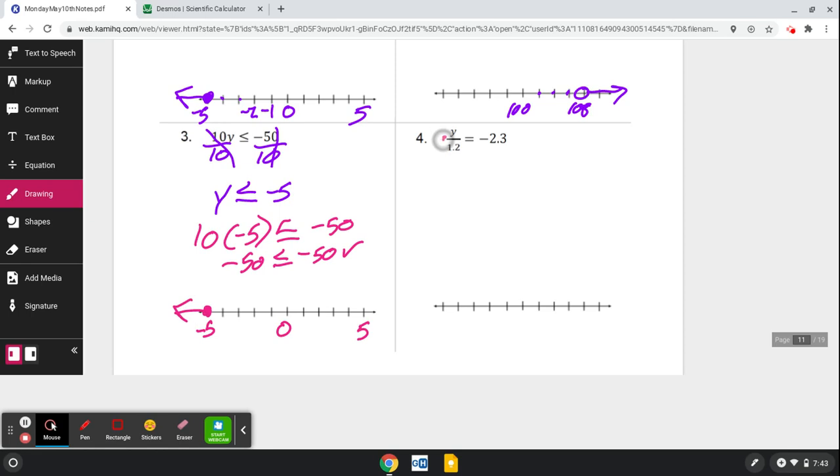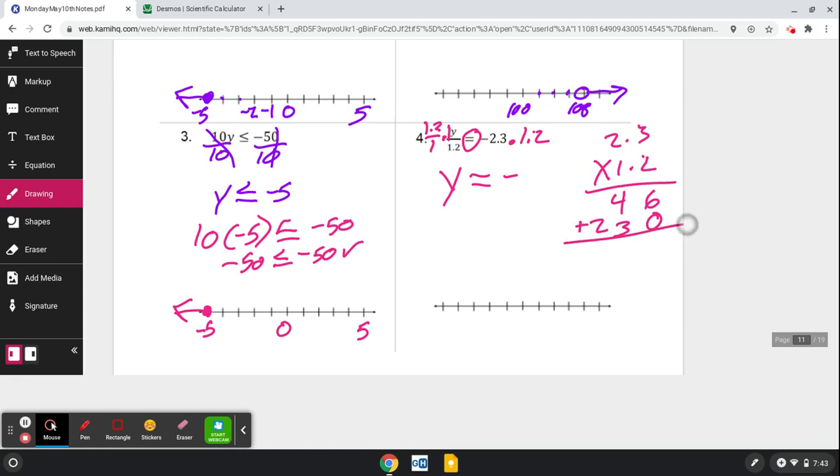Ooh, multiplying by your visible 1 to the party. You got 1.2 over 1 on both sides. Multiplying by 1.2. Now it's a negative. Oh, look, did you see that's an equal sign? I know my answer is a negative. So 2.3 times 1.2. 6, 4, add your 0, 3 and 2, and add them. 6, 7, and 2.